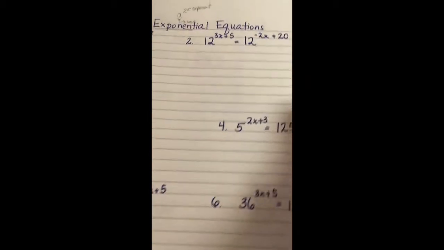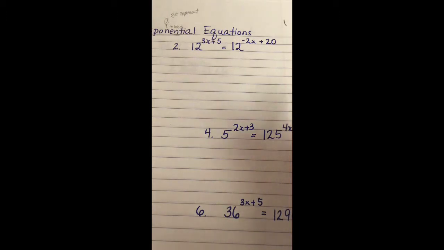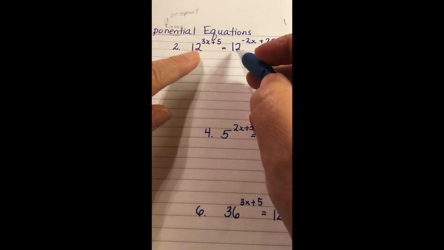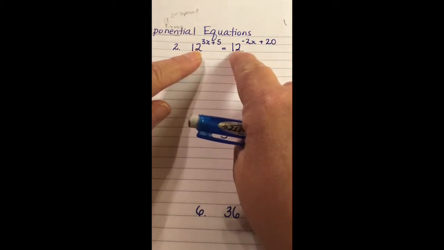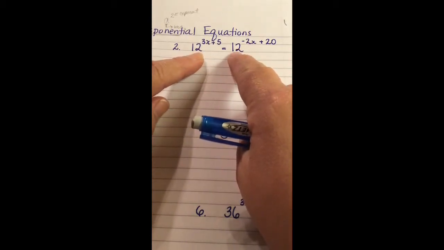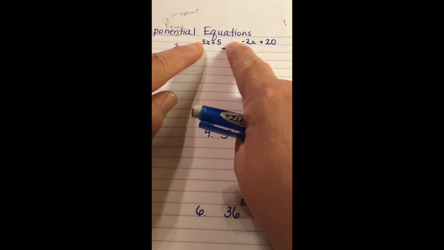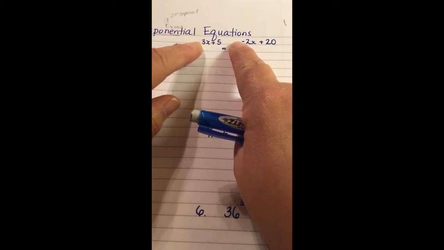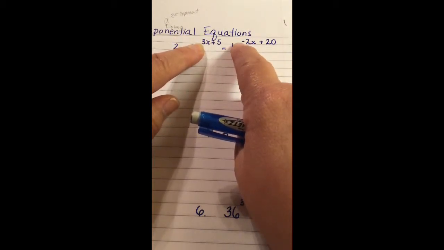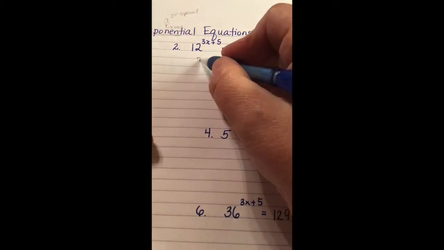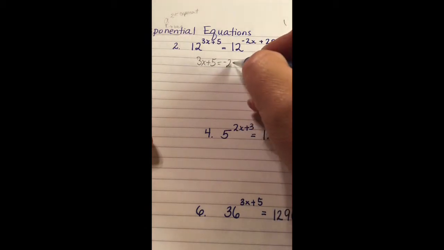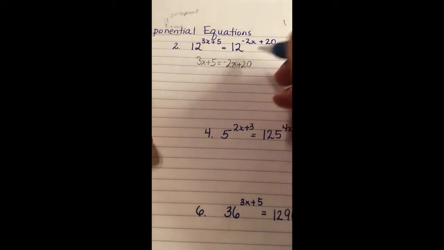Okay, here's the next one. I guess basically the first thing you're going to ask yourself, are your bases the same? And yes, this is a base of 12 and this is a base of 12. So since my bases are the same, I don't have to think about 12 again. I know that the exponent on the 12 on the left is equal to the exponent on the 12 on the right. So 3x plus 5 is going to equal negative 2x plus 20. Okay, let's solve.